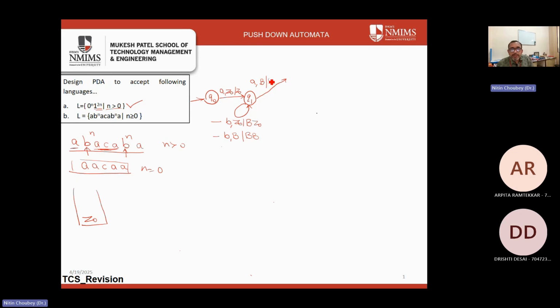We'll keep the stack top as it is, and this capital B on the stack will be used for counting the b's raised which are available after A, C, A. So this is Q2 for A, followed by C. Also we will not do anything on the stack, followed by A on B, B kept as it is.